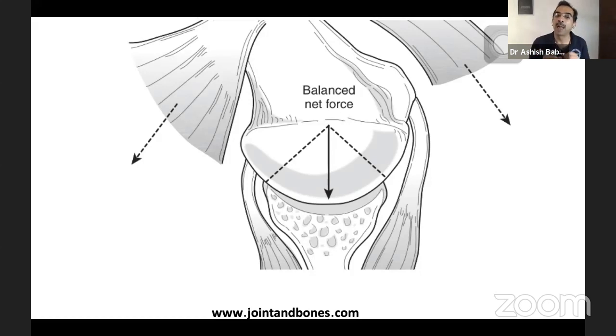Now, this is what I meant by COR. The center of rotation has to be in a very small line within the center of the glenoid. As it starts moving to the sides, either anterior or posterior, it will wreak havoc on the shoulder biomechanics, and the cuff muscles will not be able to provide their critical function of concavity compression.